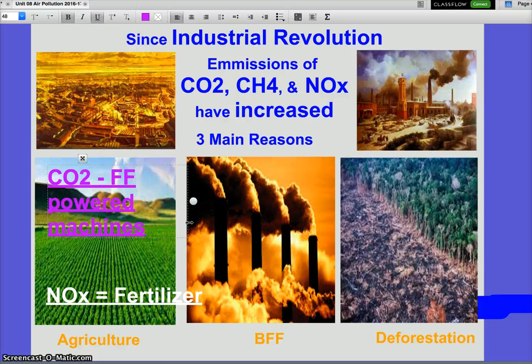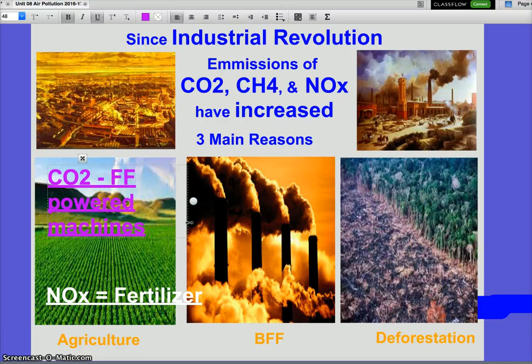What else? How do we get agricultural lands? And when you cut down forests, what happens to carbon dioxide? So I asked this question because carbon dioxide does not increase when we cut down forests. What happens to carbon dioxide when we cut down forests?